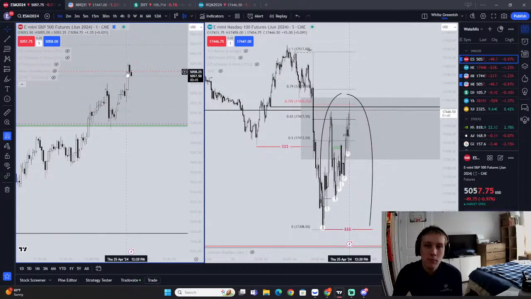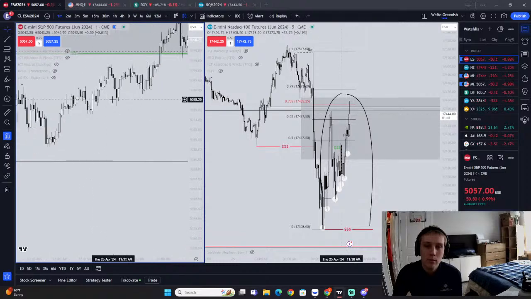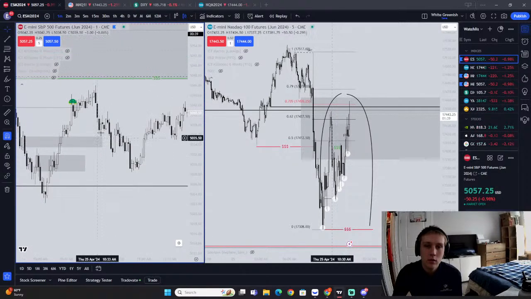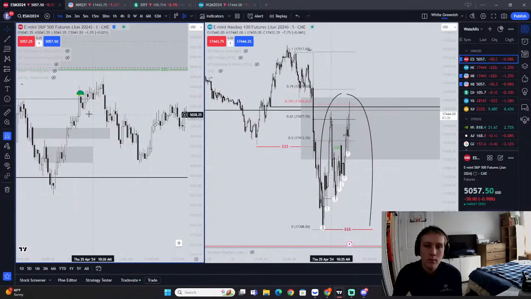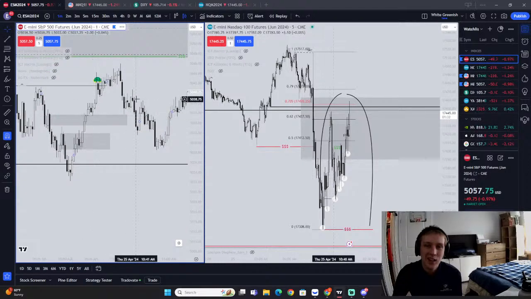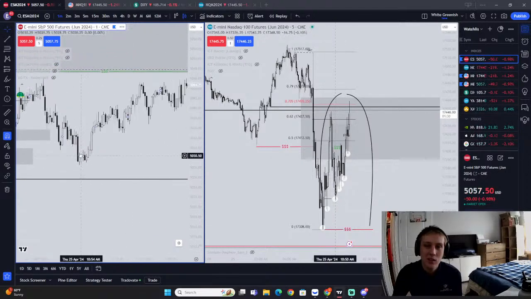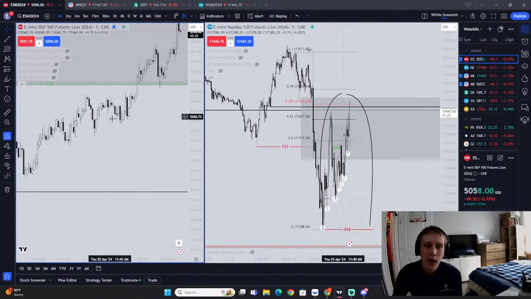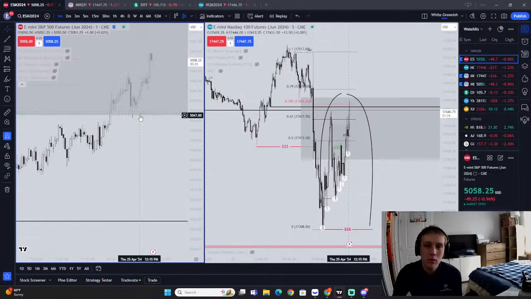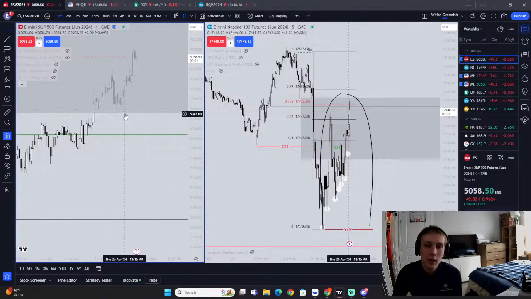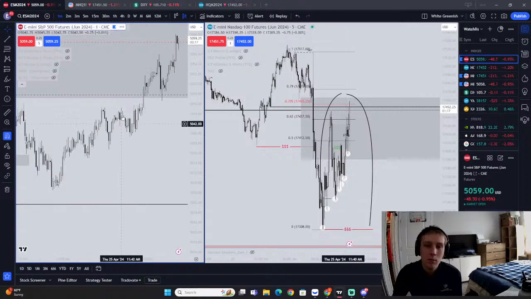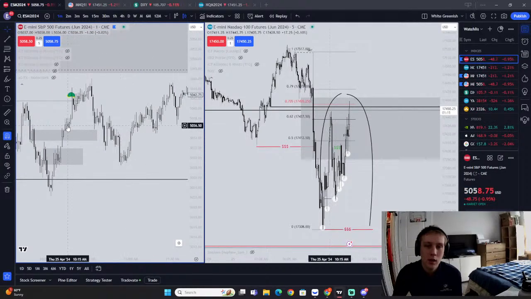So I want to see some form of breakage structure. This whole move up, no breakage structure. Here, we didn't really have a low that we really broke through. Now we have actual meaningful lows that I would like to see us displace through. Like a low here, if we break this low, that would have a lot more significance than this little low here.